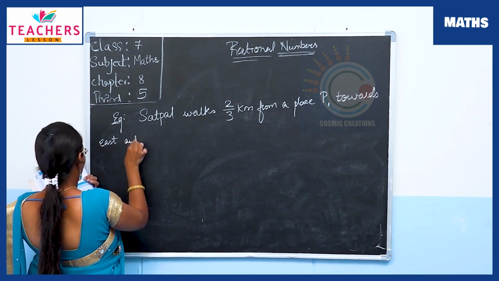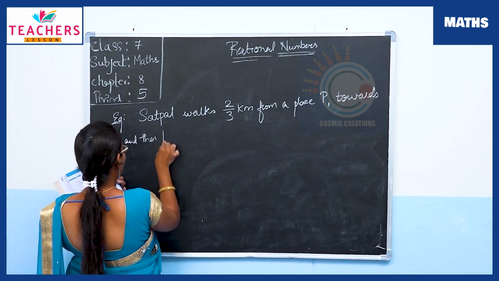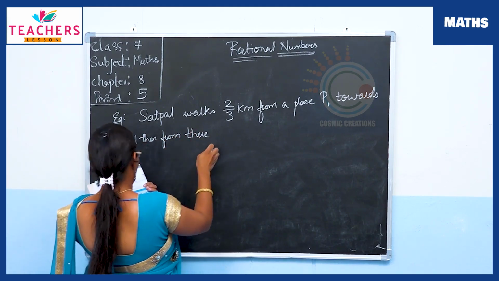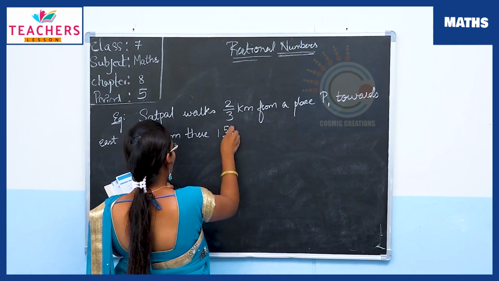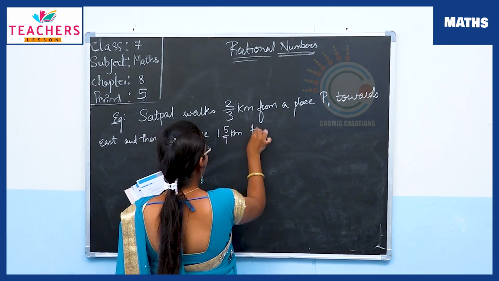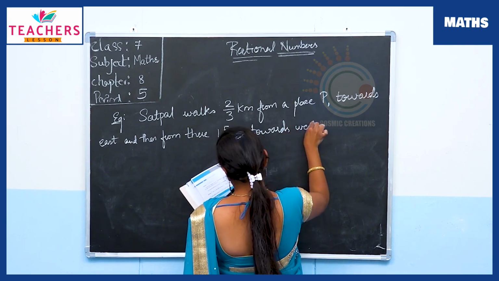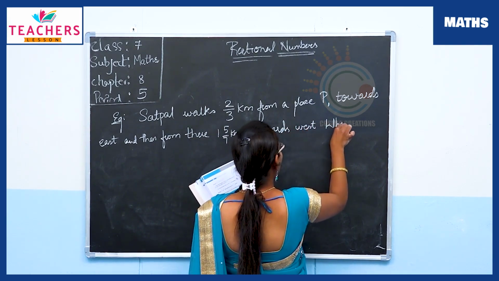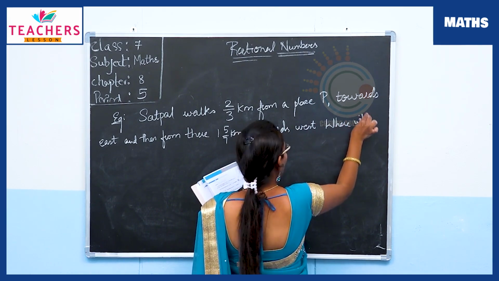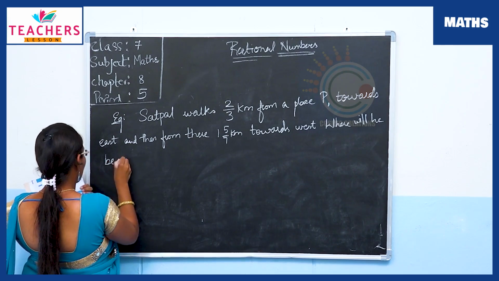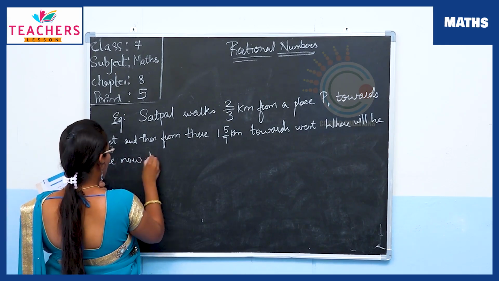And then from there 5 by 7 kilometers towards west. Where will he be now from P?